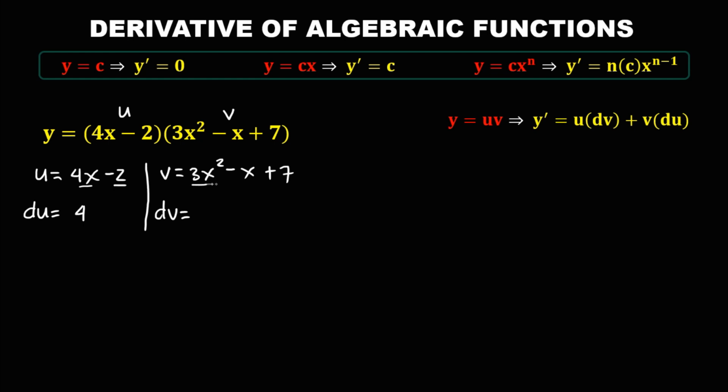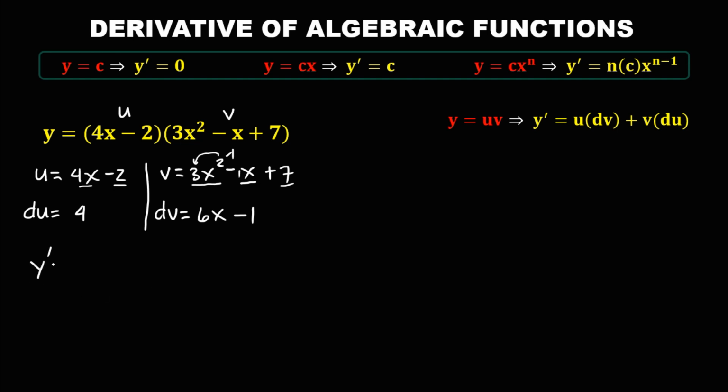For dv, the derivative of 3x squared, multiply this exponent by this constant, 3 times 2, that's 6, then x to the power 1. Then minus the derivative of x, which is 1, and the derivative of a constant is 0, so dv is 6x minus 1.